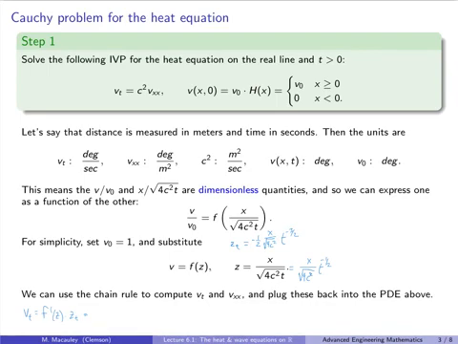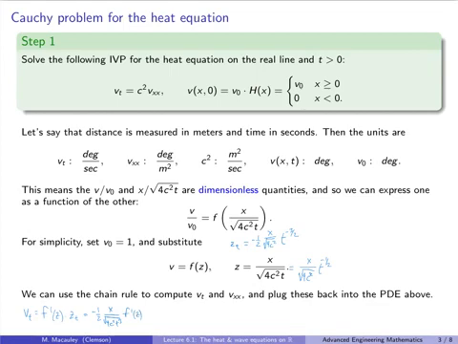Actually, let me put the negative 1/2 first, just because it's more natural. So I'm going to say negative 1/2 x over root 4c squared t cubed, because that's a t to the negative 3/2, times f prime of z.